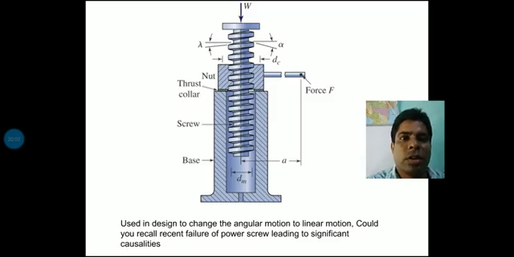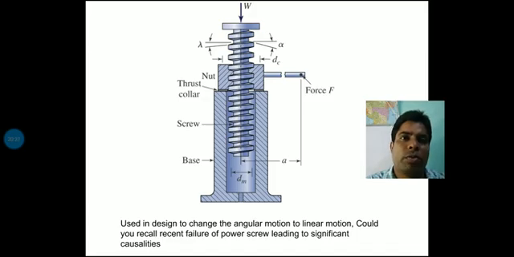Here is the full mechanism of the power screw. I already explained all the parts of the body. Here the outside part of the figure is called the base, and inside the base the screw is there, which is the threaded portion.